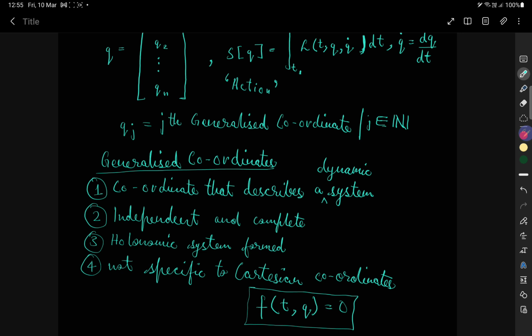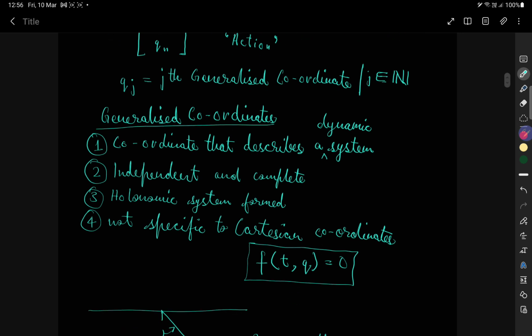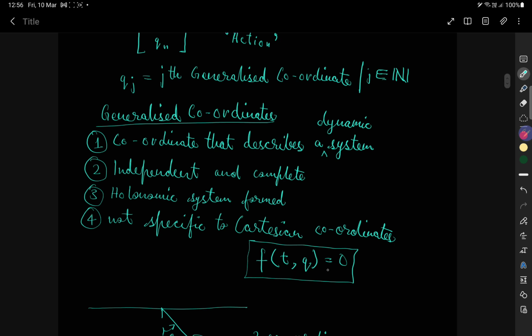A holonomic system is formed when all these coordinates are independent, as I said, and you can define constraints on such a system such that a function of time and your generalized coordinates equals 0. Again, you can have as many constraints as you want on such a system.